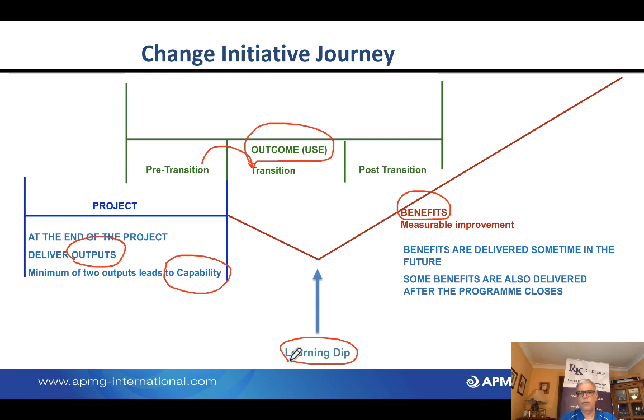Now, whenever we deliver this change, it's important that we establish roles and responsibilities right at the very beginning. Because this change is where people are doing something different to their normal day-to-day activities.